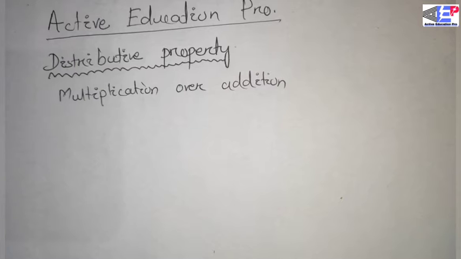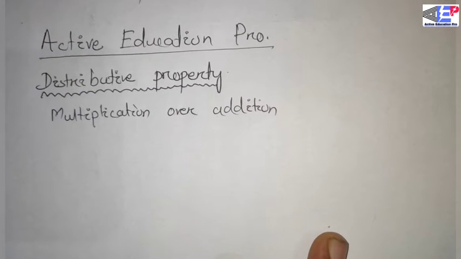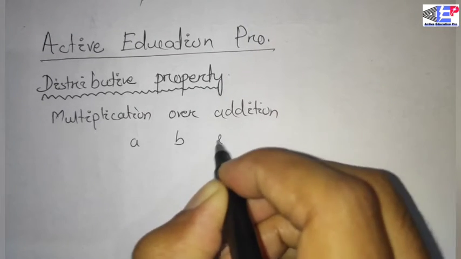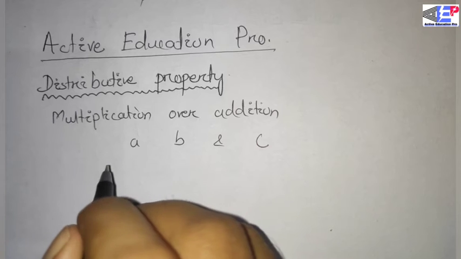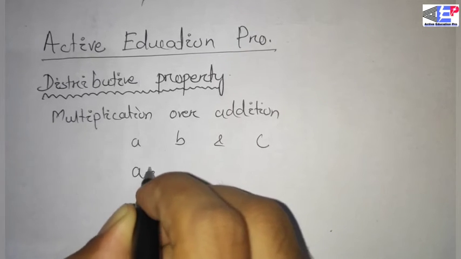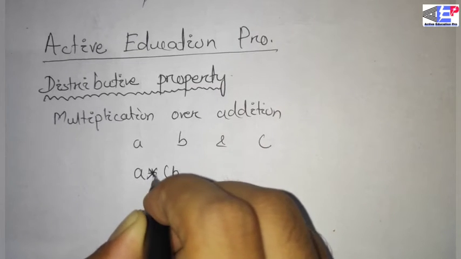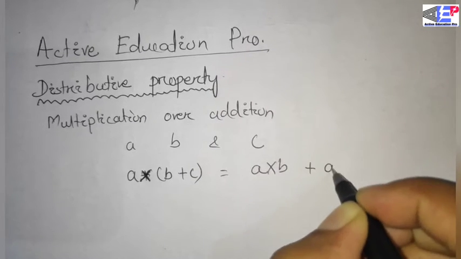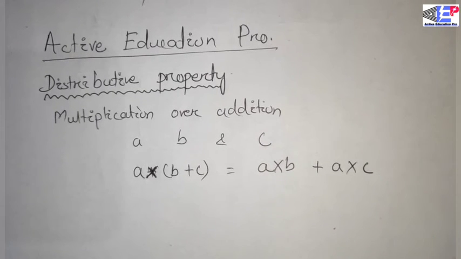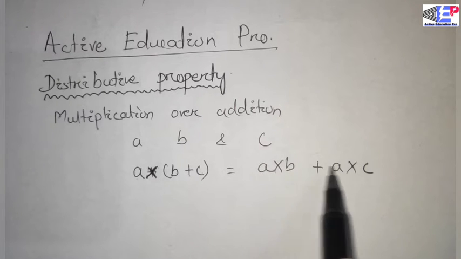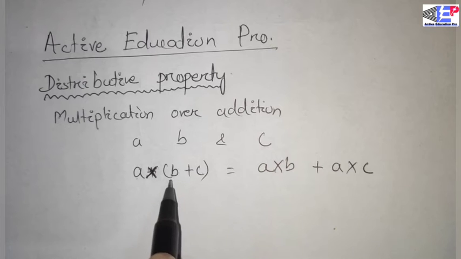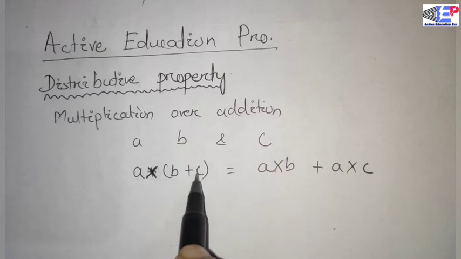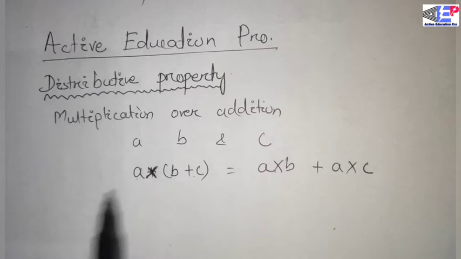Take three rational numbers, A, B and C. The distributive property for multiplication over addition says that A into (B plus C) is equal to A into B plus A into C. Again I repeat it: A multiplied by (B plus C) is equal to A multiplied by B plus A multiplied by C. On our left side, first we add the last two numbers, then multiply by the first one.